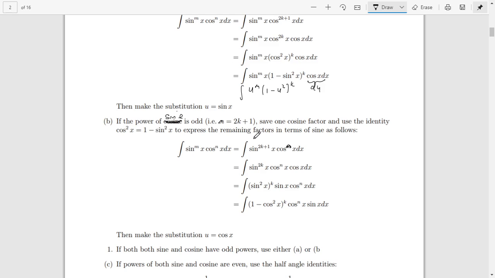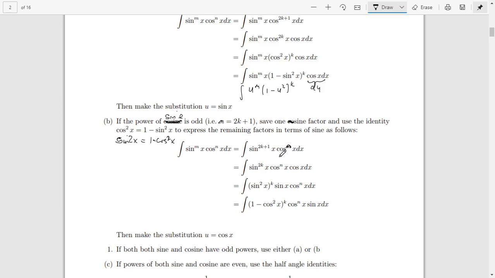Then we want to save one sine factor and then use the expression that sine squared of x is equal to 1 minus cosine squared of x to express the remaining factor in terms of cosine.